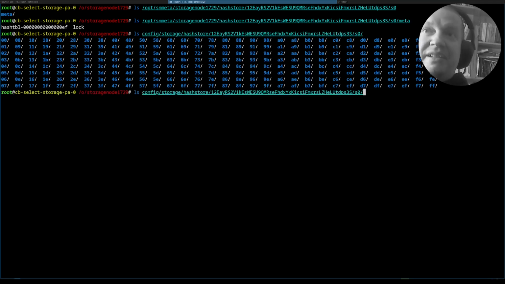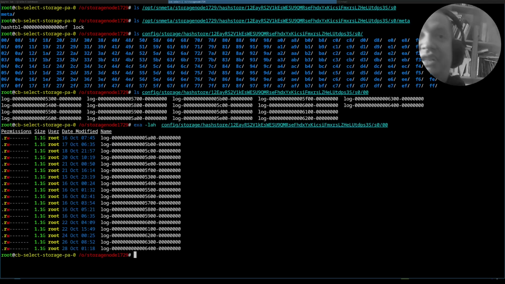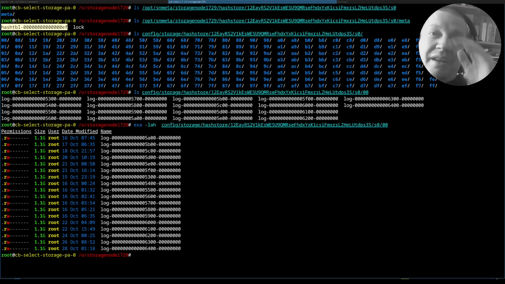And we have subdirectories just to make it easier to manage, and we have all the log files, usually 1 gig files. The metadata just refers to one log file and it points to one segment: the beginning offset and the length.